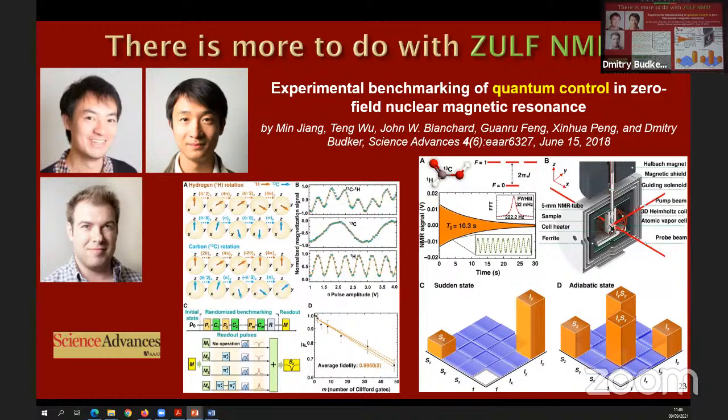And with pretty high fidelity, actually. This is important because this is a prerequisite for efficient quantum control and quantum computing, if you want.